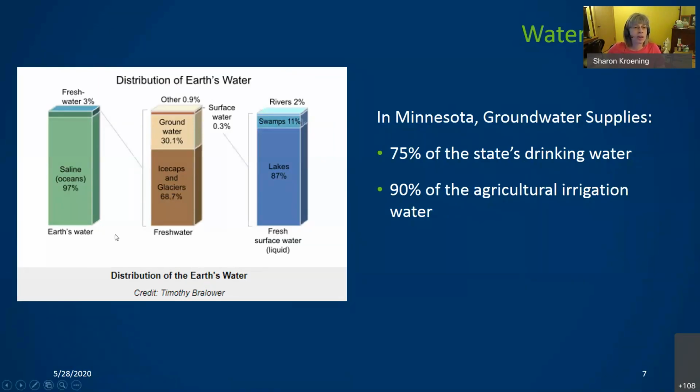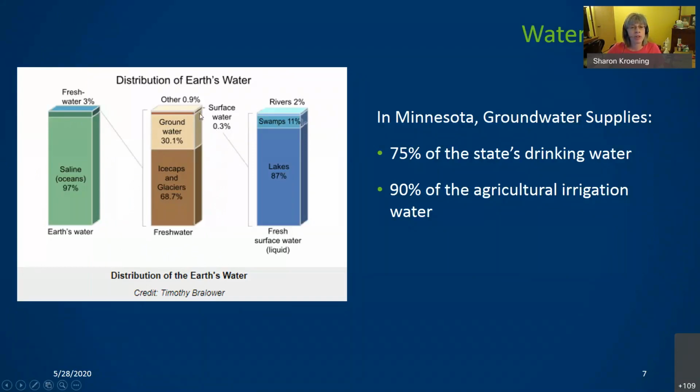The green bar shows all of the Earth's water. As most of you know, most of the water is salt water, with only about 3% being fresh. Of that fresh water, almost 70% is stuck in glaciers and ice caps. The remaining fresh water is stored in our groundwater system.